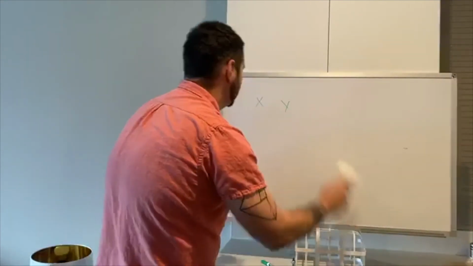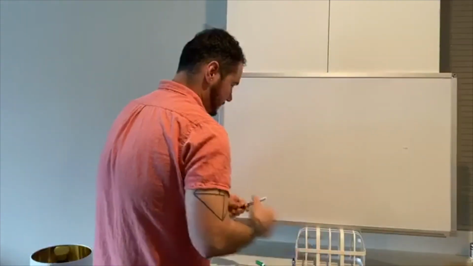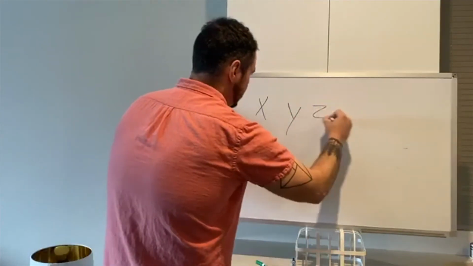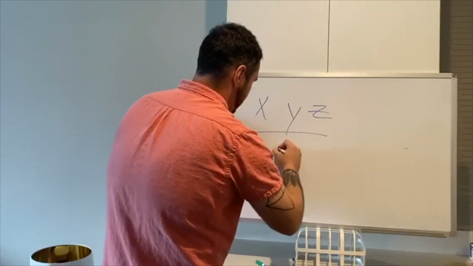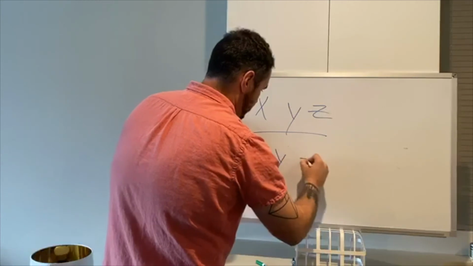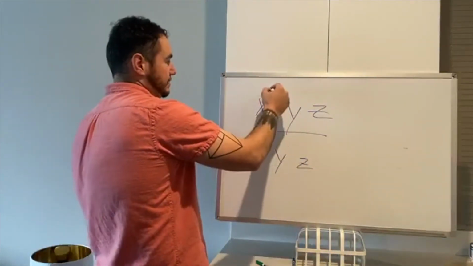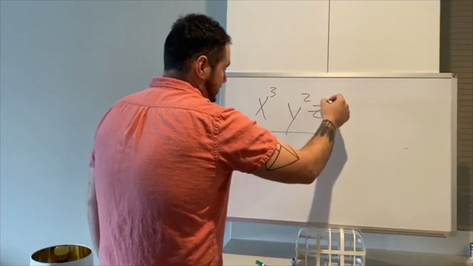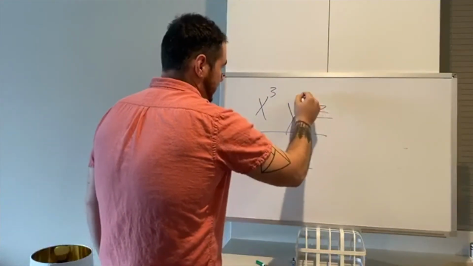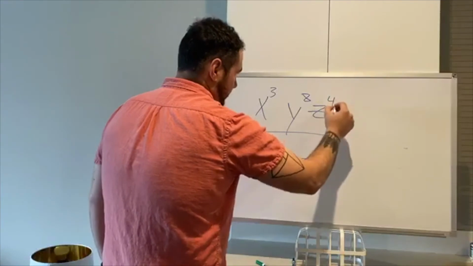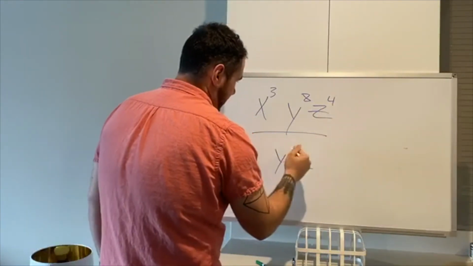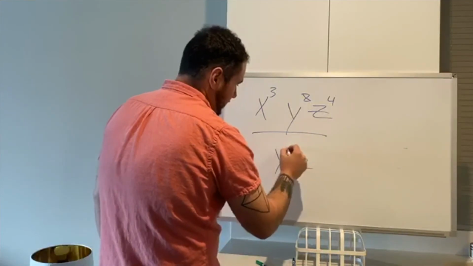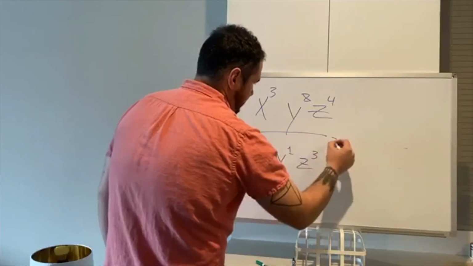We'll do blue. x, y, z divided by y, z, and then the x is going to be to the third power, y will be to the 8th power, z will be to the 4th power, and then we'll say y here is just y, which means to the first power, and the z is going to be to the 3rd power, something like that, right?